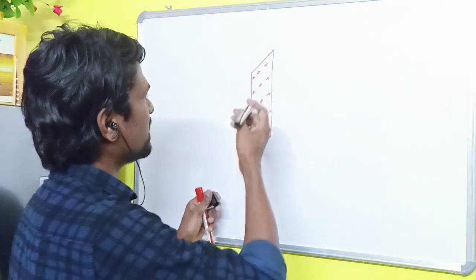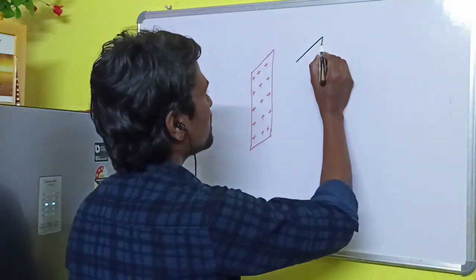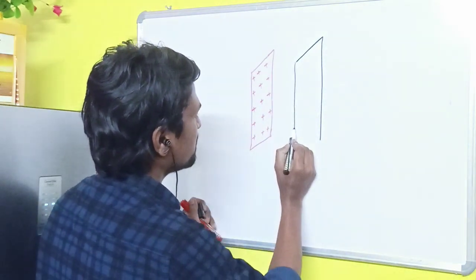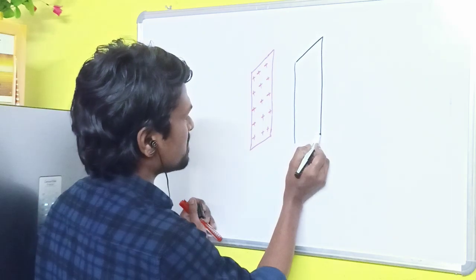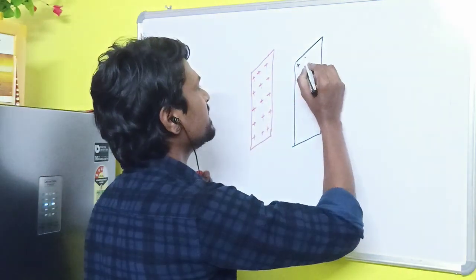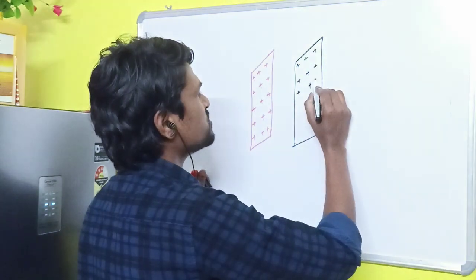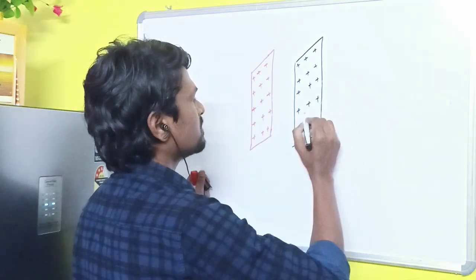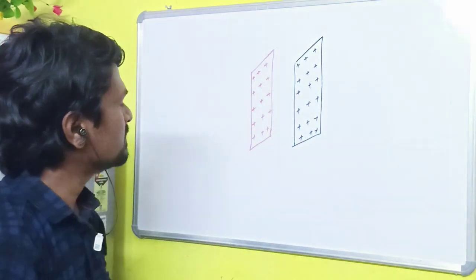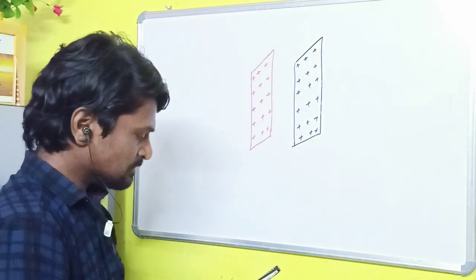So I prefer to use a comparatively rough surface. So this is another sheet of same charge distribution.